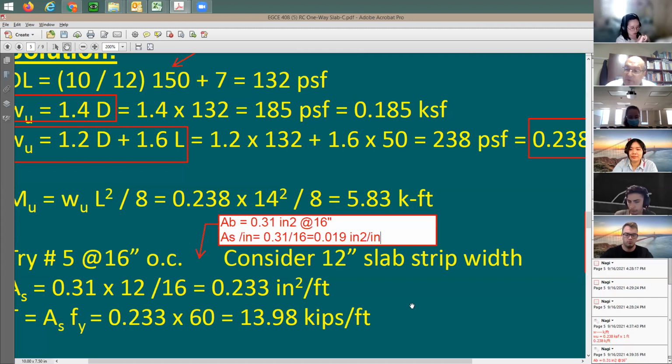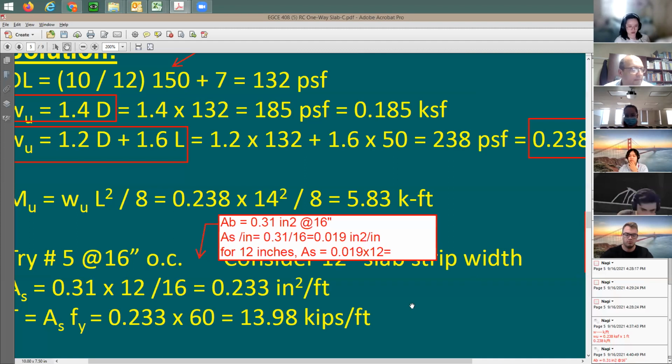Now the real question is, how many square inches do we have in the 1 foot strip? For 12 inches, what do we have? As equals 0.019 times 12. How much is that? Can someone help? 0.228.